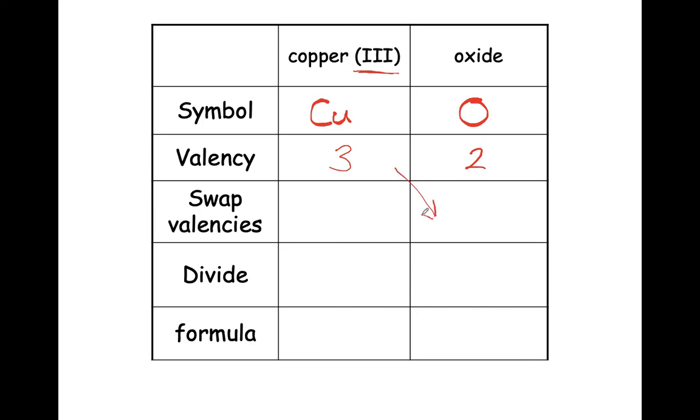We then swap these over. So 2 comes under the copper, 3 under oxygen. These numbers can't be divided and made into any smaller whole numbers, so they remain 2 and 3, which means our formula then is Cu2O3.